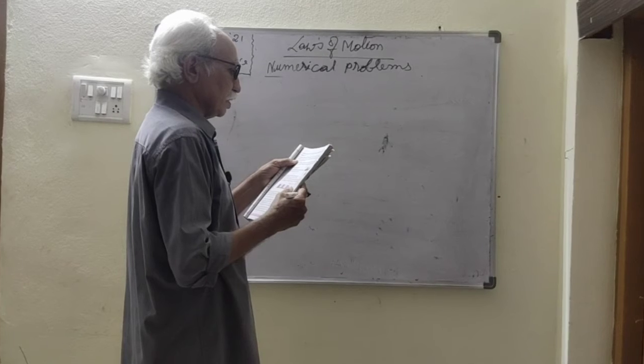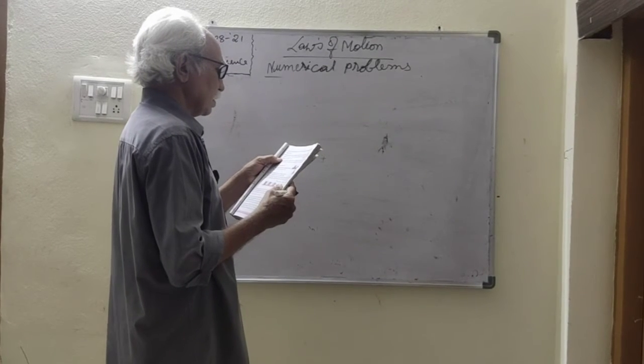What acceleration would the same force provide if both the masses are tied together?